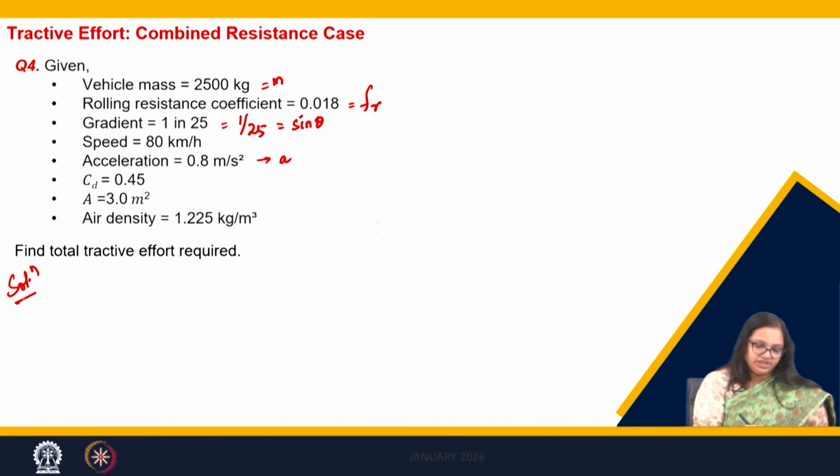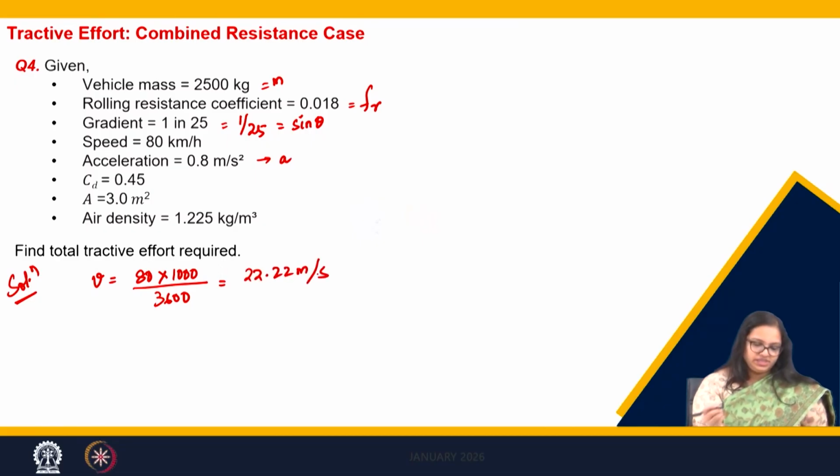We go ahead with the solution. V is equal to 80 into 1000 by 3600, which is equal to 22.22 meters per second.